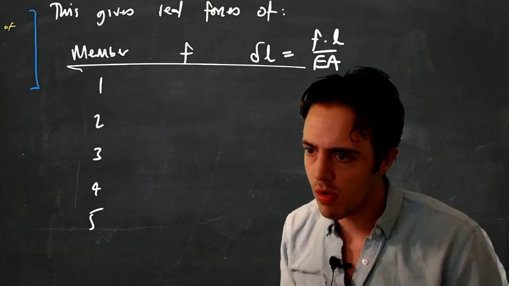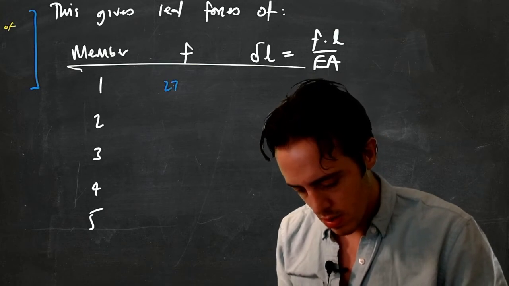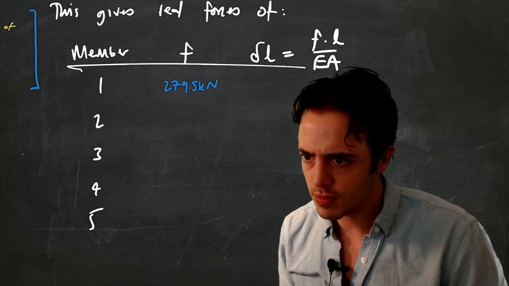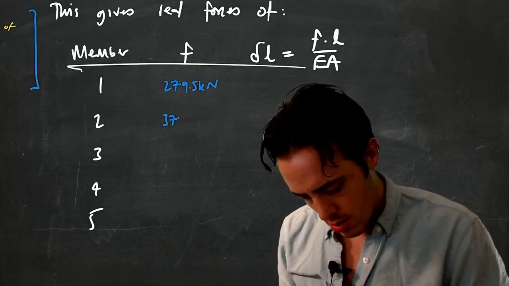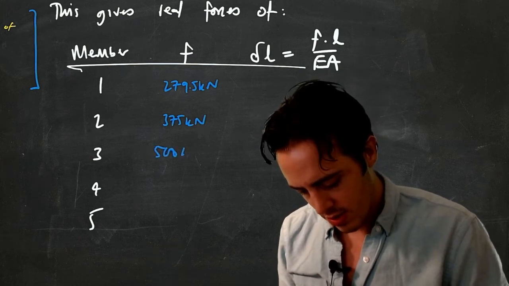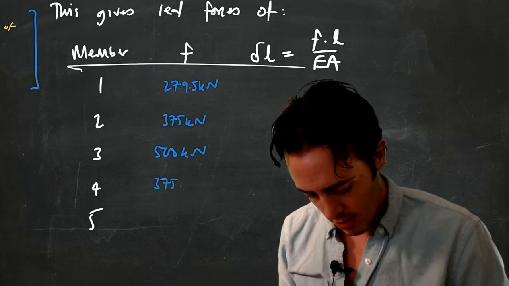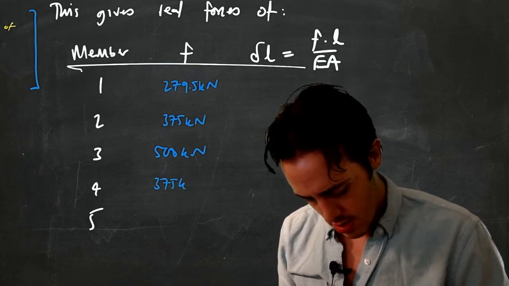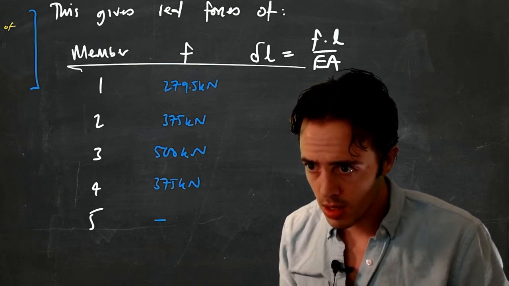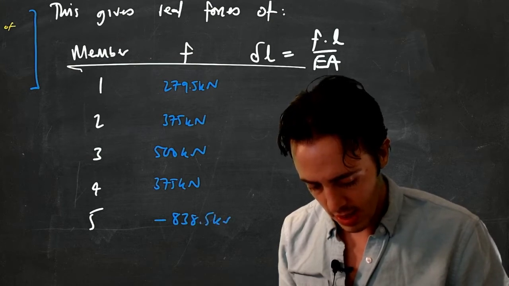We've got internal forces of 279.5 kilonewtons, 375 kilonewtons, 500 kilonewtons, 375 kilonewtons, and minus 8.5 kilonewtons.